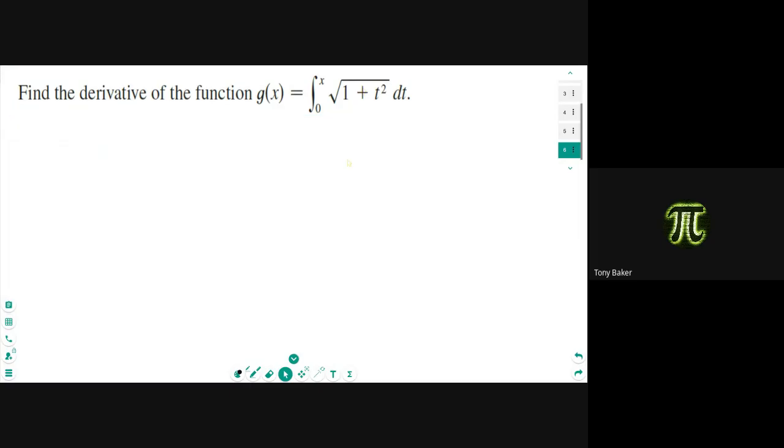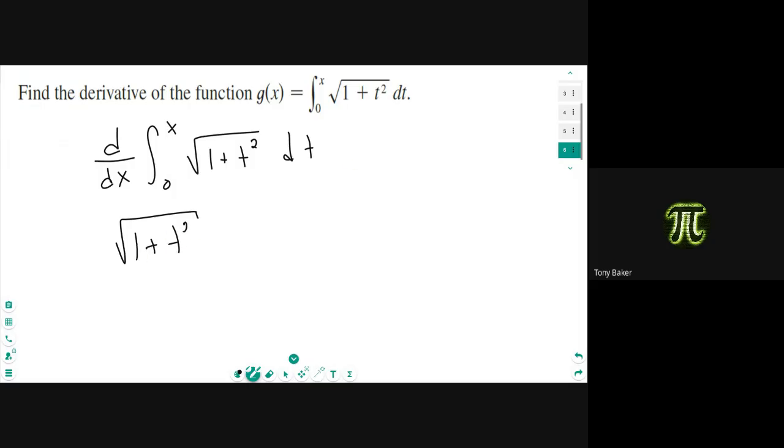So if I wanted to find the derivative of this, since it's the derivative of the integral, they cancel each other out. And we're evaluating from 0 to x.